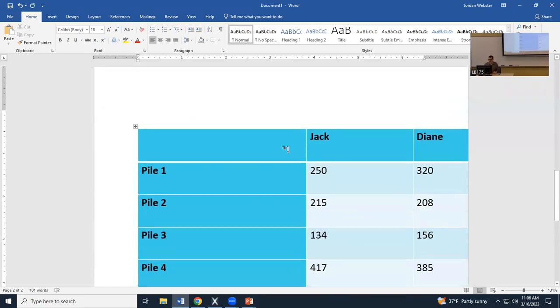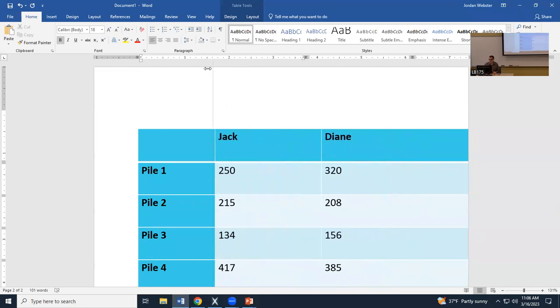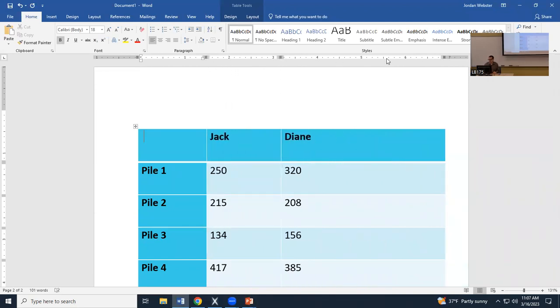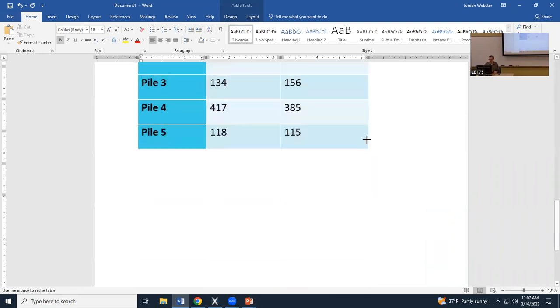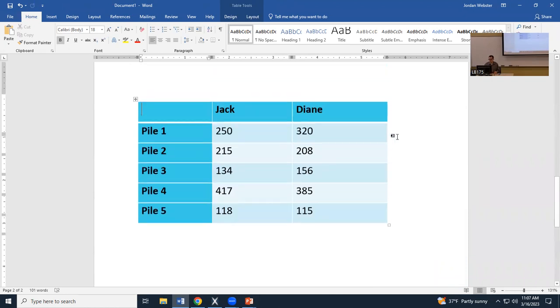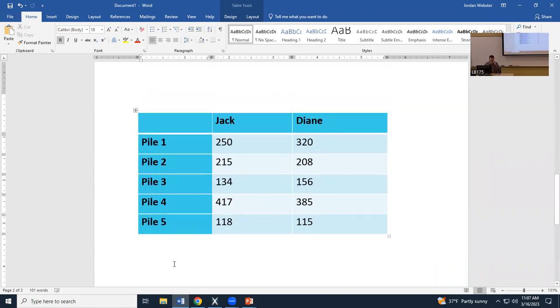All right, we have 2 individuals, Jack and Diane. Let's assume they found some treasure, piles of goods, whatever. And they split it up into 5 piles. So let's see what Jack is going to get.